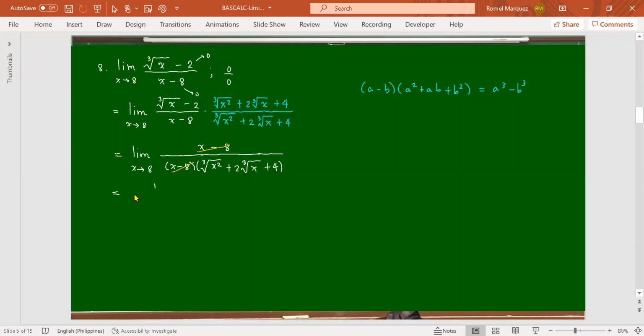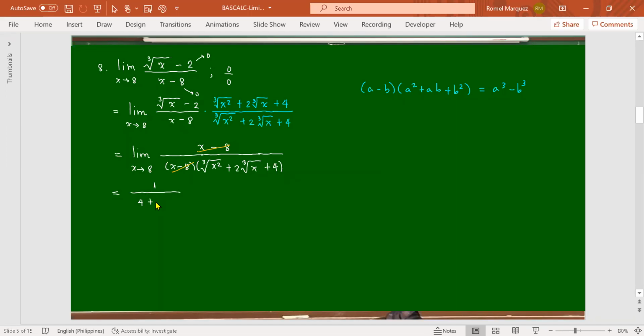Pwede na tayo mag-evaluate actually ng limit. Evaluate na natin, thinking that wala ng x minus 8. Anong cube root ng 64? Is it 4?